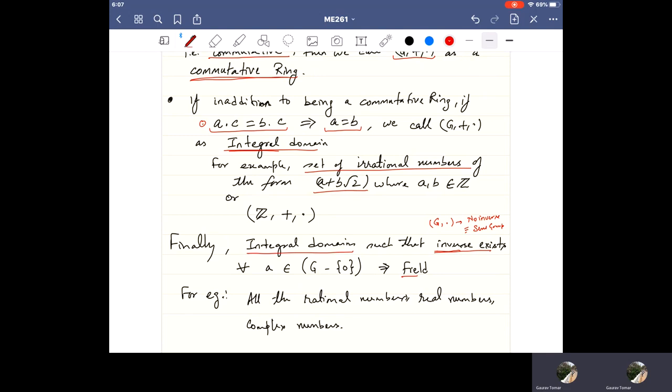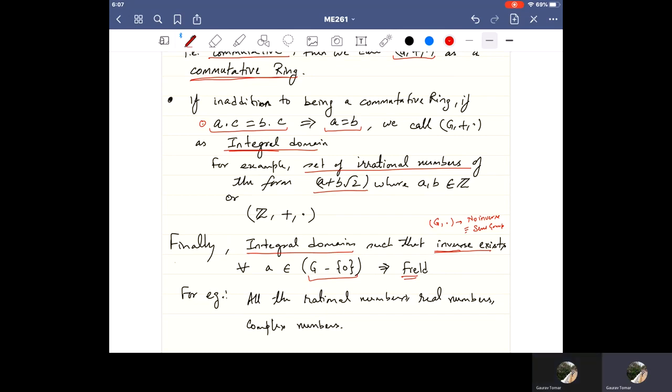And of course, you have to define it that way, that inverse exists except for one special element, which is the zero element, which is the identity element with respect to addition. So this is how normally you will define fields.